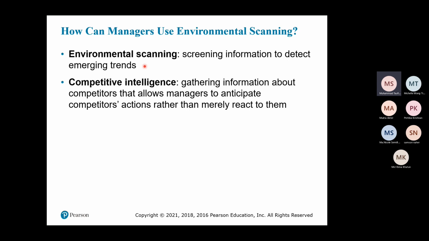If you carefully analyze your environment, you can see some trends, and you can use them to predict your environment. Maybe not 100%, maybe 80% of your predictions can go right. So you can use environmental scanning to check the upcoming trend in your environment.